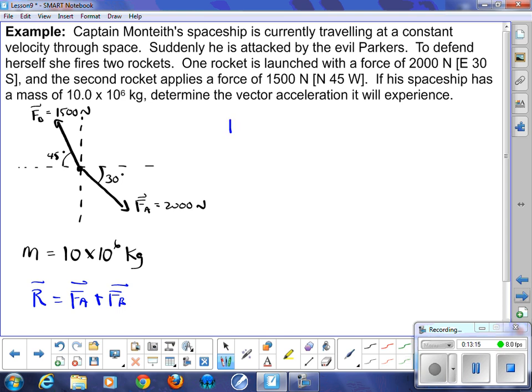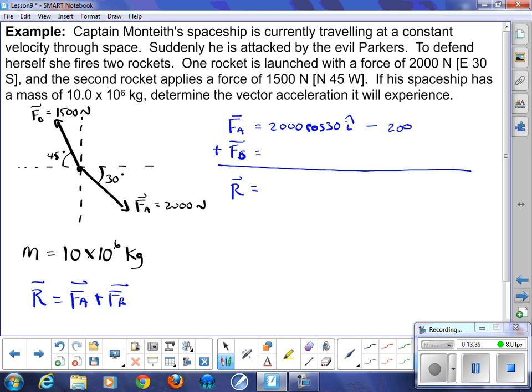So we can set it up in our stacked notation that these 2 forces are going to provide a resultant force. We have the first force, positive x direction, so 2,000 cos 30 i, minus, it's going negative y, so 2,000 sine 30 j.